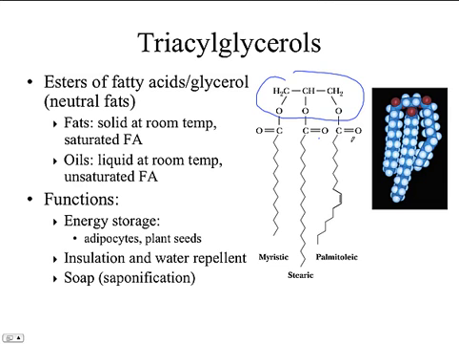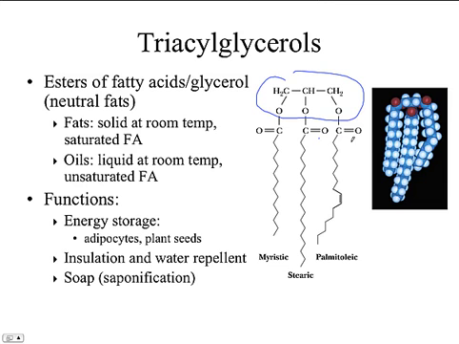Looking back at the table that I showed you on one of the previous slides of various oils, what you'll notice is that they contain a fairly large amount of unsaturated fatty acids. Usually they would have 2 or even 3 unsaturated fatty acids esterified to a glycerol molecule.